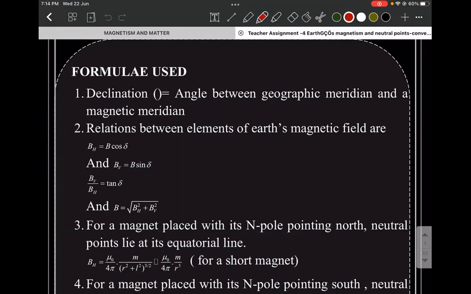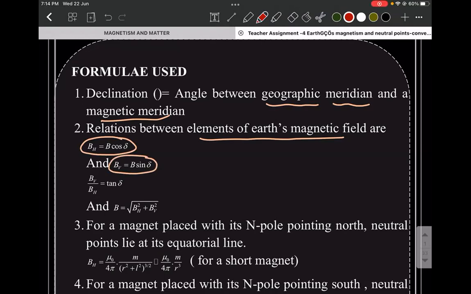I'll do only important problems. I'm not doing everything. So these are the terms. Magnetic declination means the angle between the geographic meridian and the magnetic meridian. Relation between elements of the Earth's magnetic field: BH is equal to B cos delta and BV is equal to B sin delta.